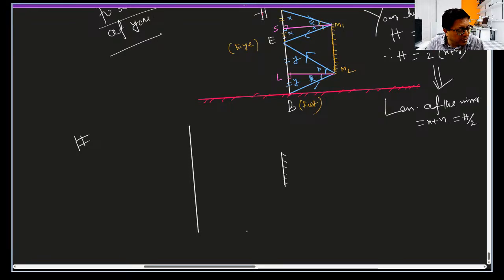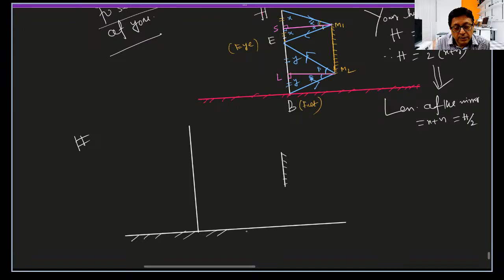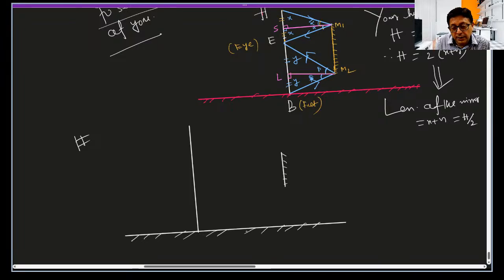Show that minimum length of mirror, or height of the mirror, in this case should be h by 3, where h is the height of the man.